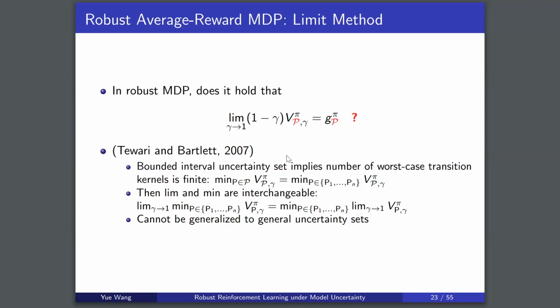Since the minimum is taken over a finite set, the limit operator and the minimum operator can be swapped. We swap the order and it implies the convergence of the robust discounted value function. But as you can see, their result heavily relies on the structure of this bounded interval set. It cannot be generalized to other uncertainty sets.